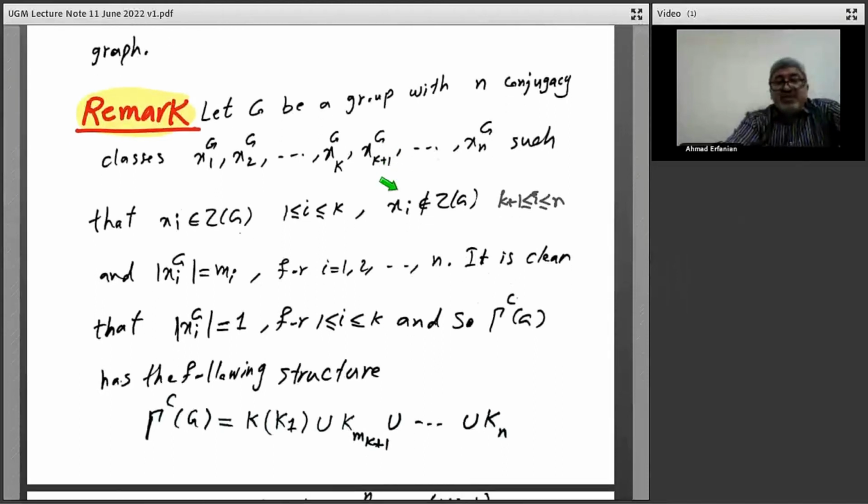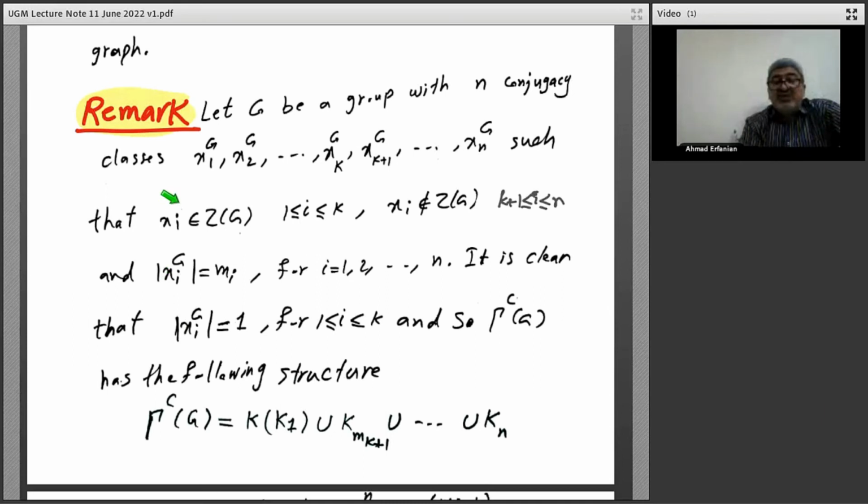As a remark, if we have n conjugacy classes for a given group G, of which k conjugacy classes contain elements in the center and n minus k contain non-central elements, you can see that if x_i is in the center, the size of the conjugacy class is 1.